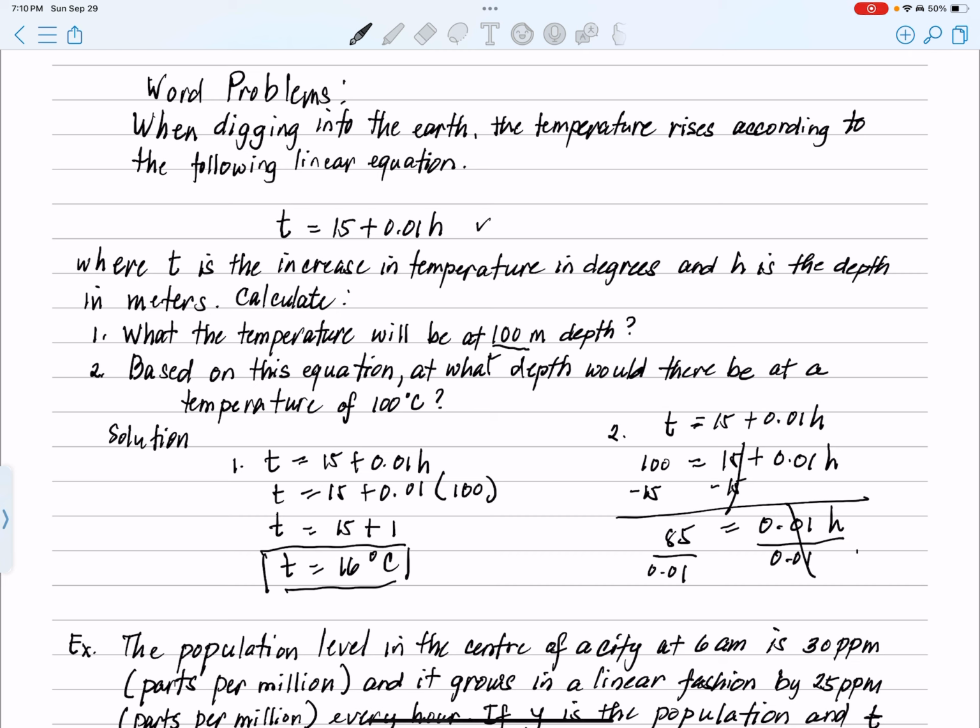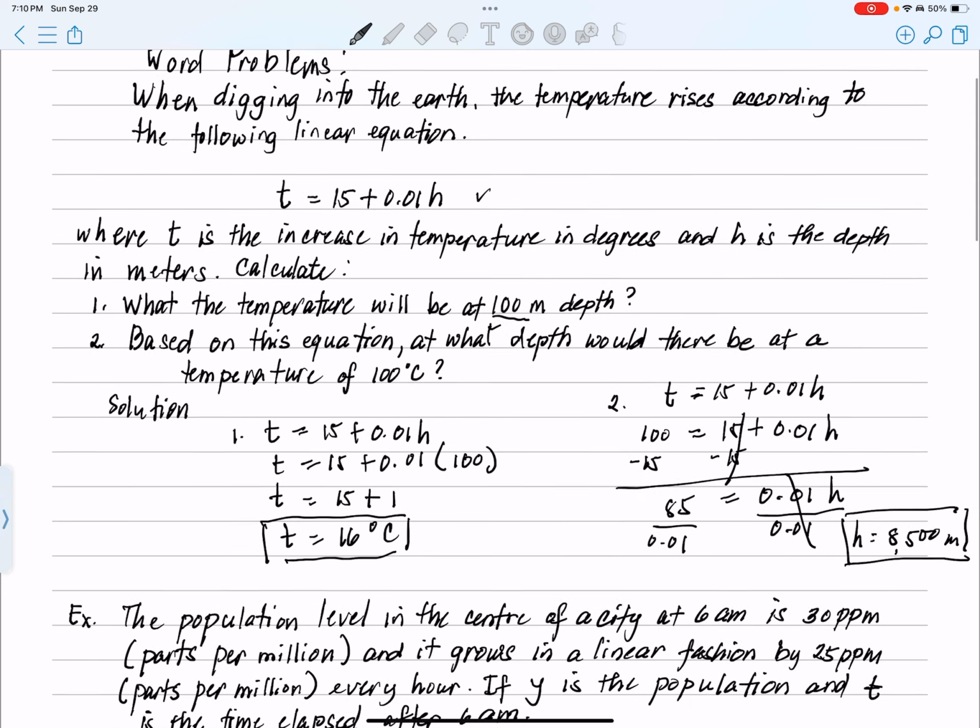So H would become 85 divided by 0.01. That would be 8,500 meters. That's it. Simple, using the linear equation.